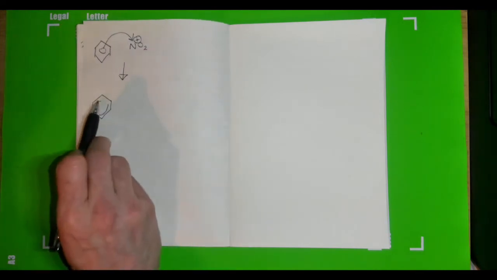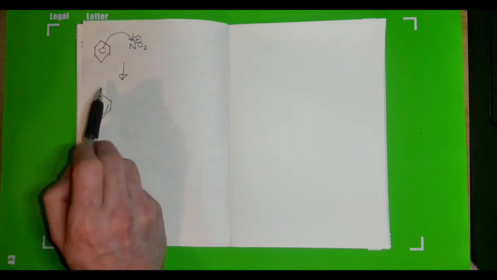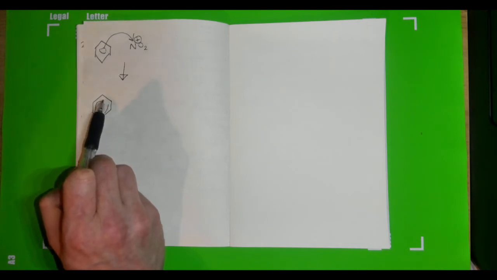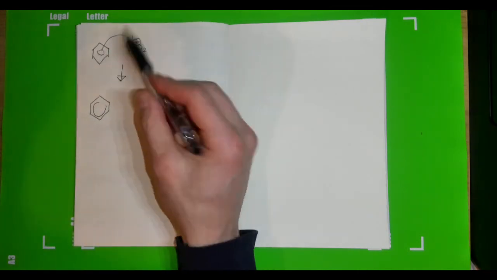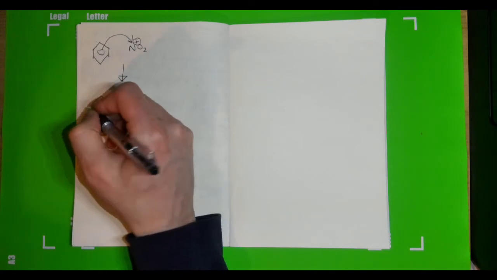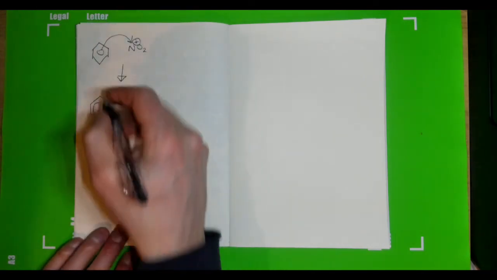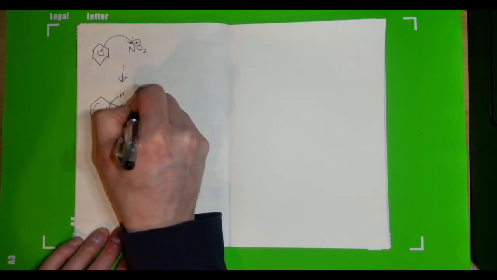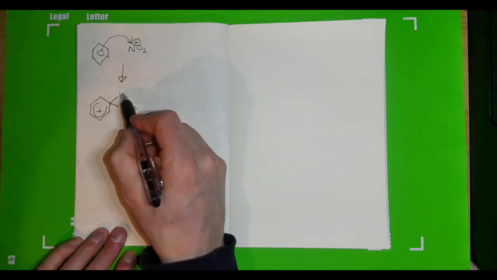So I've now broken the delocalized ring system between that carbon there and that carbon there. And electron density has come away from the ring system, therefore it has a positive charge. Now what I've done here is I've drawn that hydrogen in there.